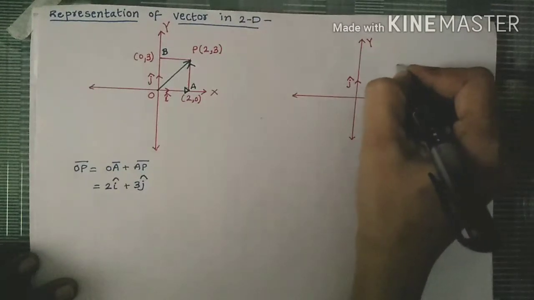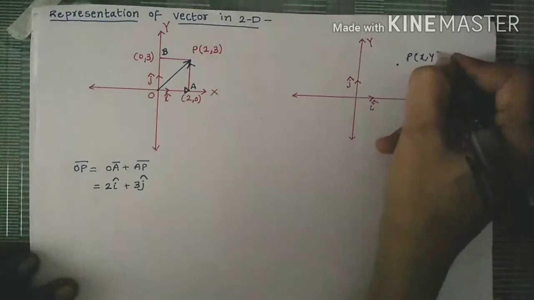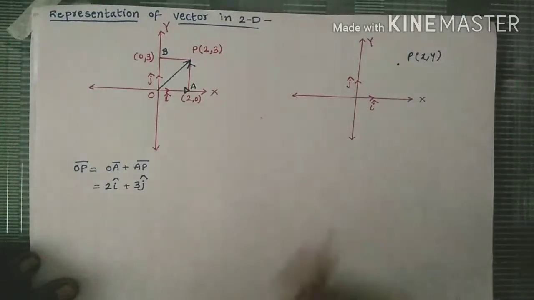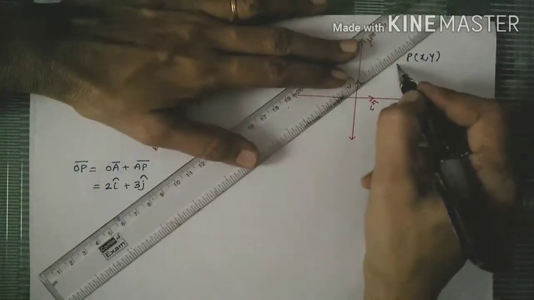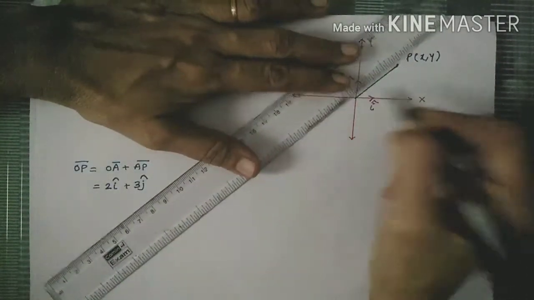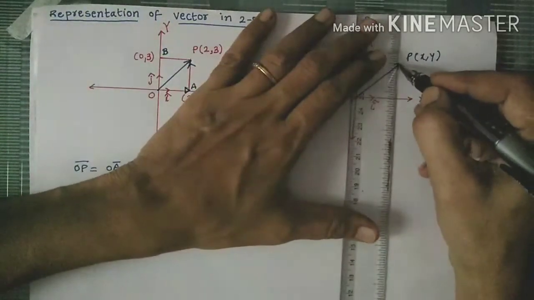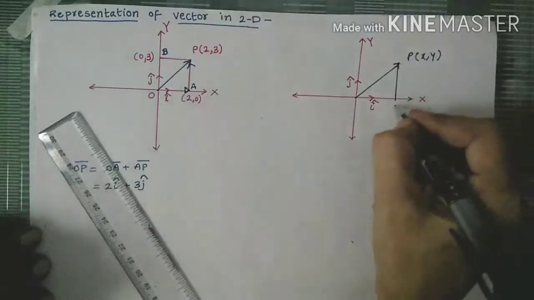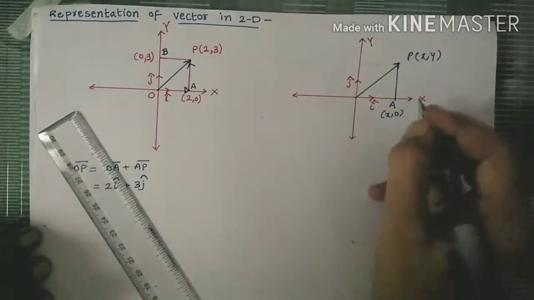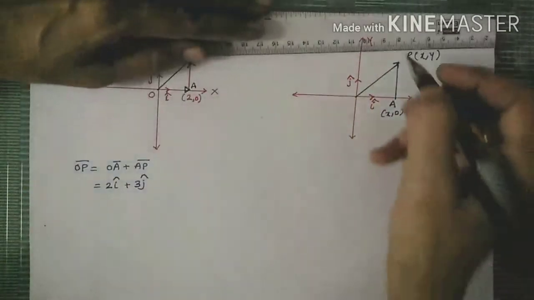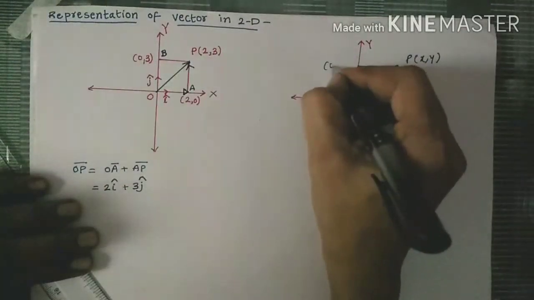So if we take any point, say P(x, y), it may lie in first quadrant, second, third or fourth. So when we join OP bar, and if we draw perpendicular here, if this is A, then A is (x, 0), and if we draw perpendicular to y-axis, then the coordinates are (0, y).